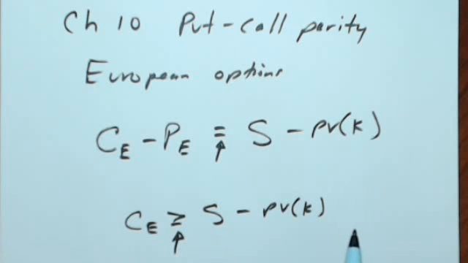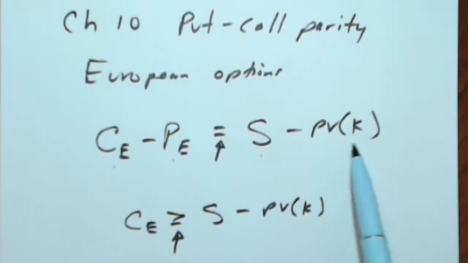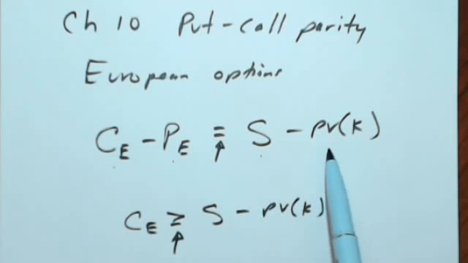What's helpful, I think, is to understand that under no arbitrage conditions in an efficient market, the options market, which you can conceptually think as being conducted in Chicago, should match up with the stock market. Think of it conceptually as being New York, and then the present value of the strike, which is a function of the risk-free rate, which is determined in the treasury markets.